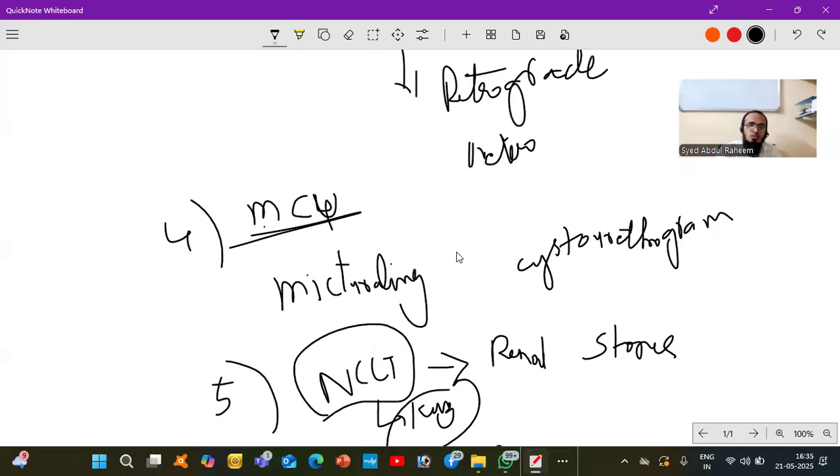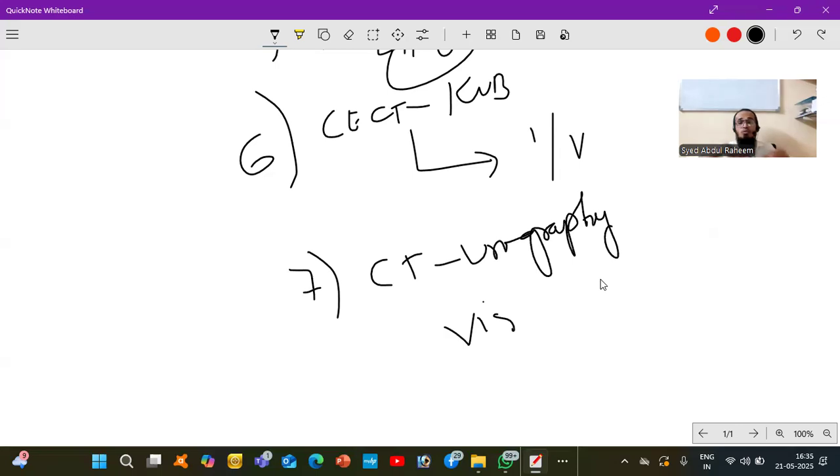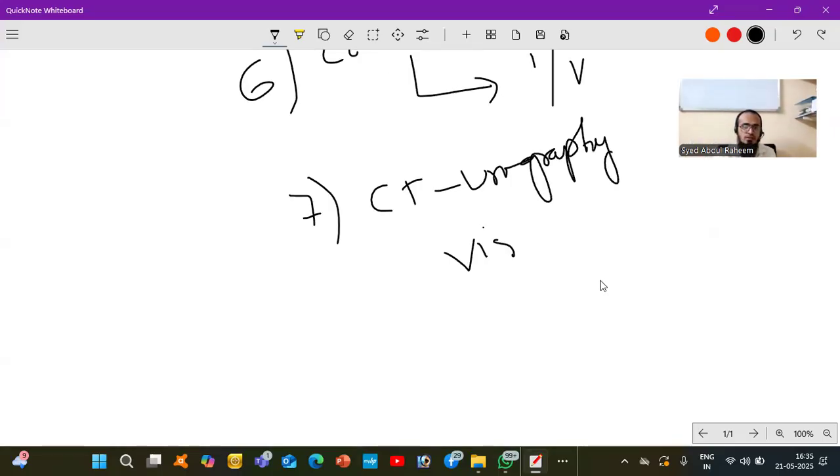X-ray also does the same thing, but CT has more depth visualization. X-ray will give the superficial visualization.